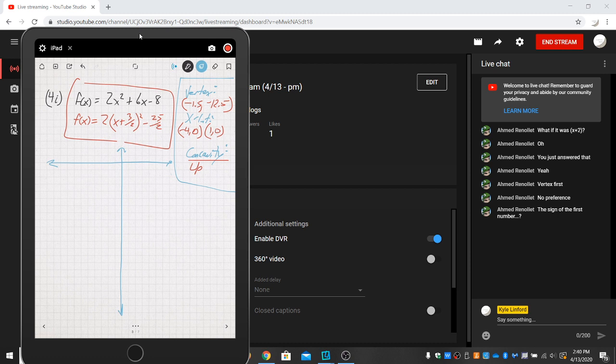Now the vertex, we've moved it 1.5 units to the left, so let's say that's right there, right in the middle, and 12.5 units down. So let's say that's 1, 2, 3, 4, 5, 6, 7, 8, 9, 10, 11, 12, and a half.